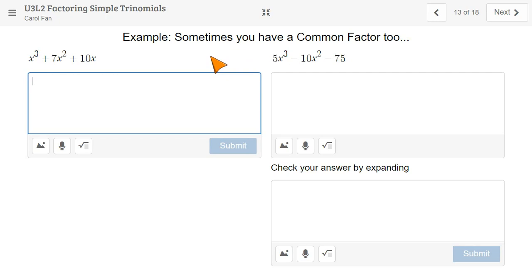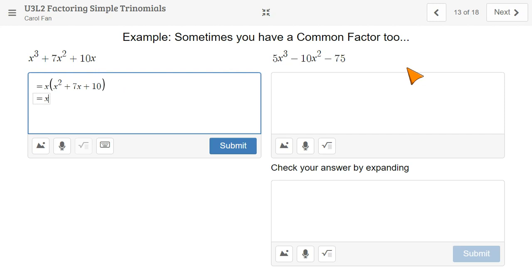Sometimes you can have a common variable. In this case, I've got x that's common to every one. I'm going to factor out the x of x squared plus 7x plus 10. Let's continue to see if we can factor this trinomial. Since I have a positive c, I know it's the same operations.